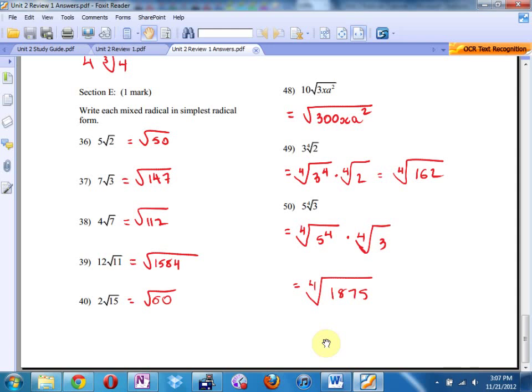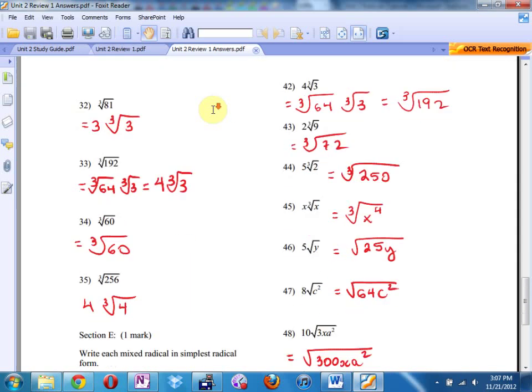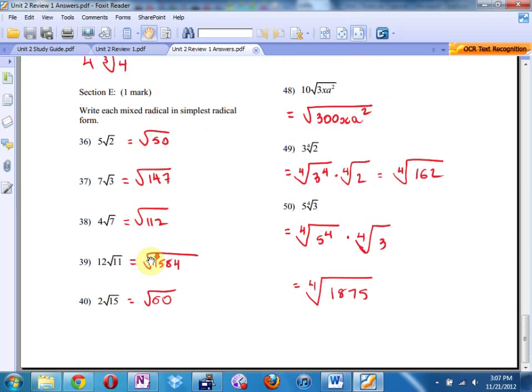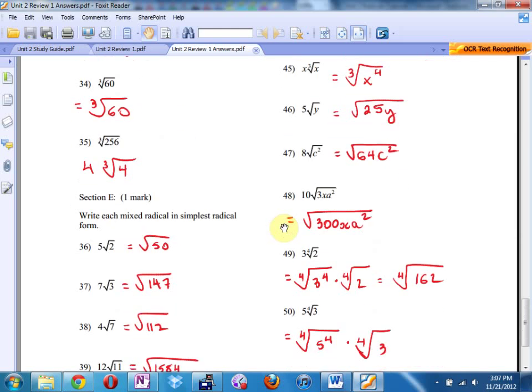I need to apologize to Rachel and to Darian because the instructions say write in simplest radical form, but really what they meant to say was write as an entire radical. I'm going to fix that on my original, because that makes more sense. Otherwise these are all already simplified, which would mean you would just rewrite these questions, which would be kind of dumb.